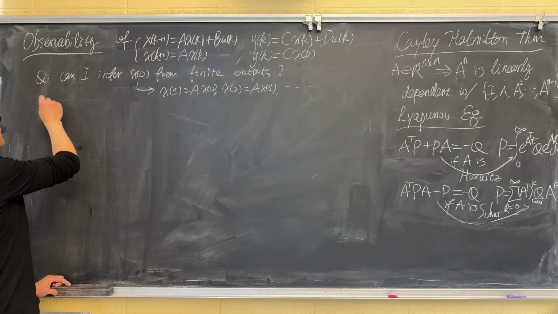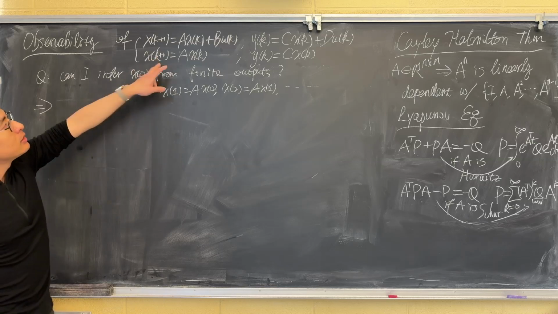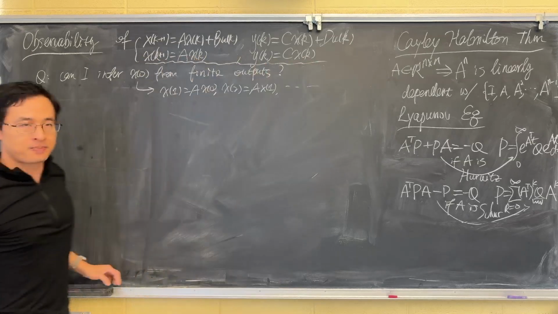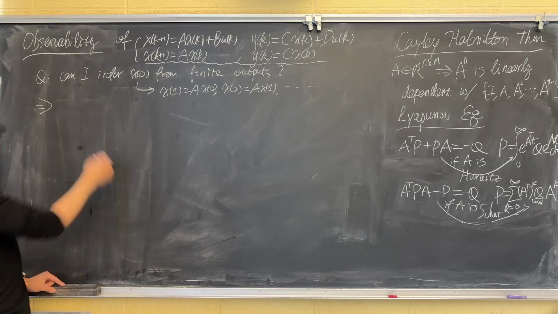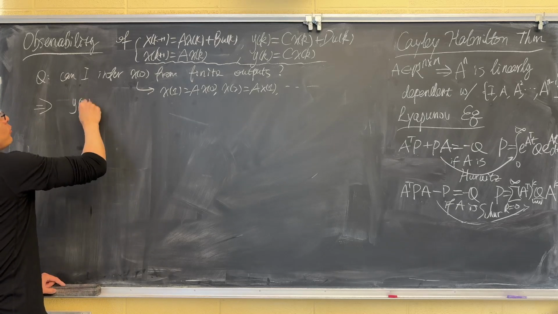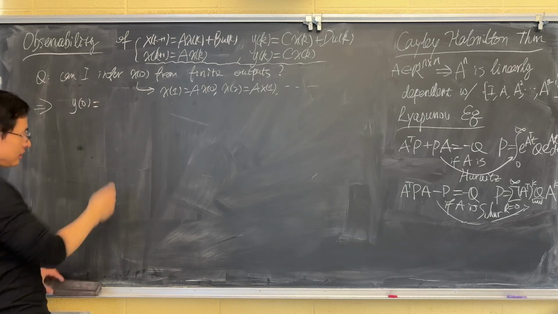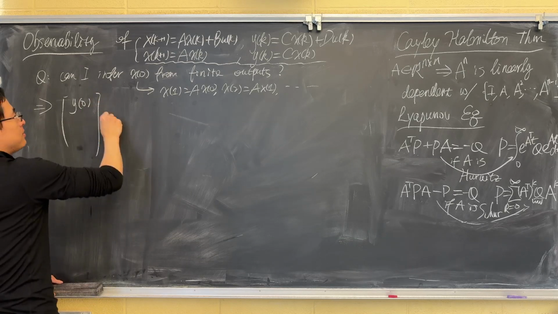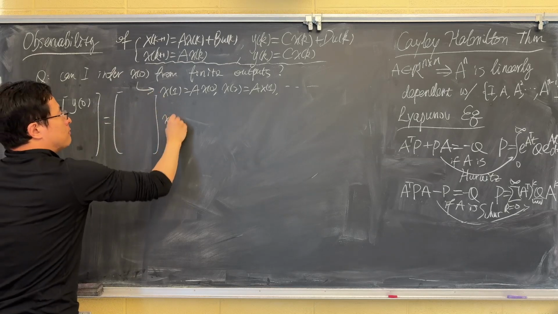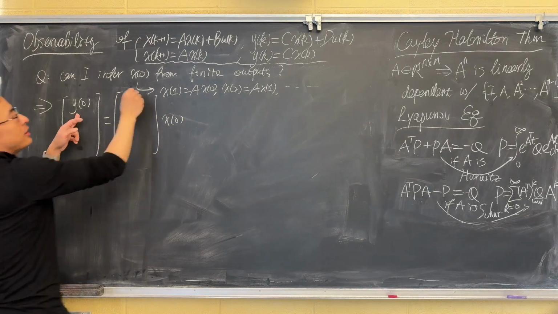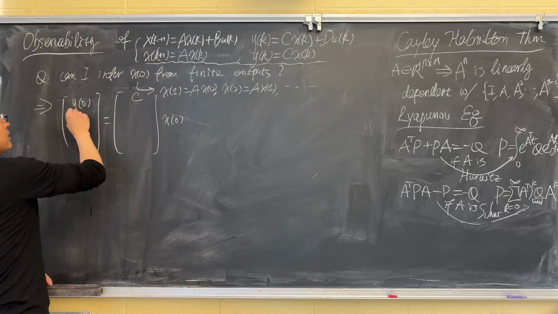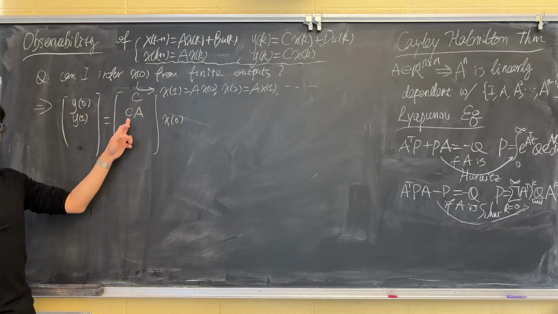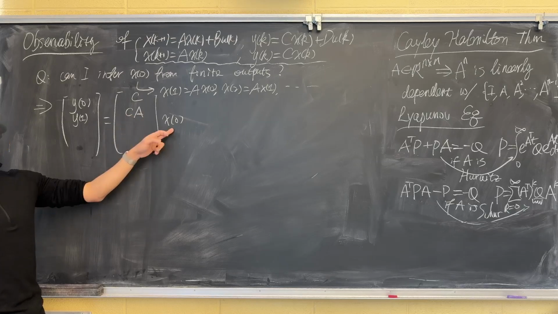Now, mathematically, what does that mean? Let's start with this simpler case. We can write things a little more nicely, in a more compact form. y0 is C times x0, and y1 is C times x1, which is CA times x0.